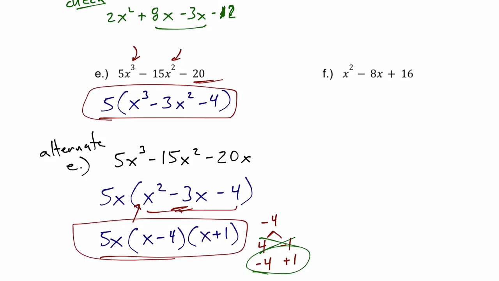And then finally in part F, again, the coefficient in front of x squared is just equal to 1. So we have that simpler situation. I want a pair of numbers that multiply to equal 16 and add to equal negative 8. It turns out it's exactly the same.